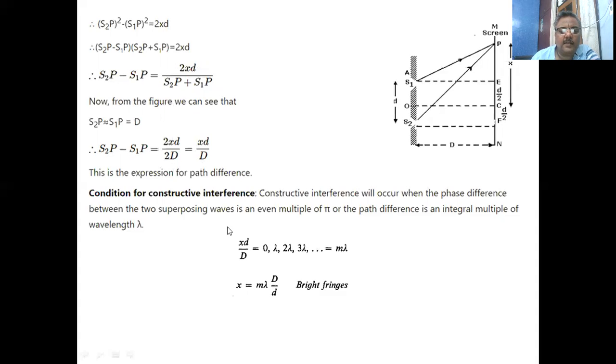So when this path difference is equal to an even multiple of lambda, then the interference will be constructive and we get a maximum. Maximum means a bright fringe.